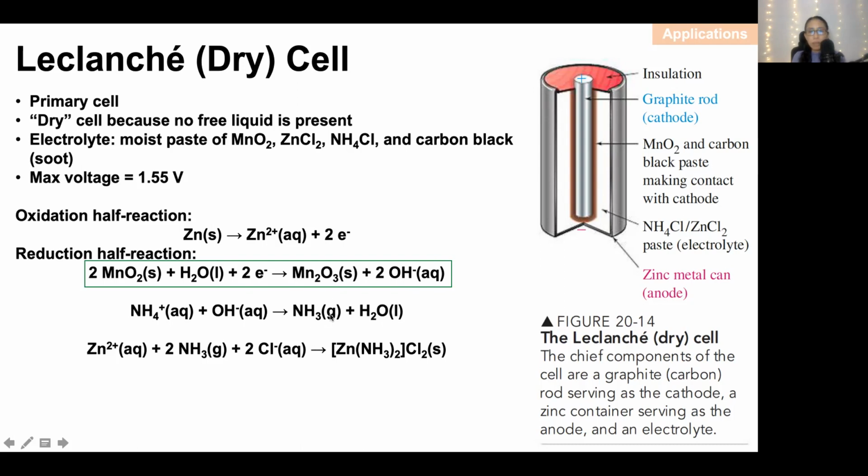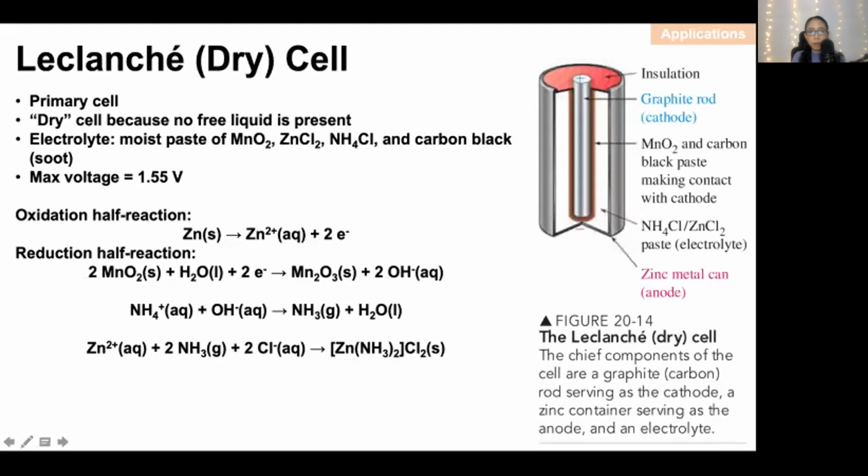Now, the ammonia gas can actually interfere with the voltage output of your dry cell, and this lowers the efficiency of this battery. And to prevent this, your zinc ions actually form a complex ion with the ammonia gas. So it produces this solid compound.